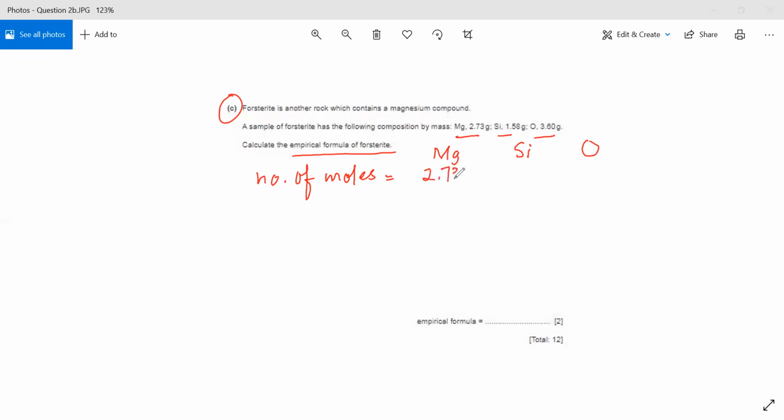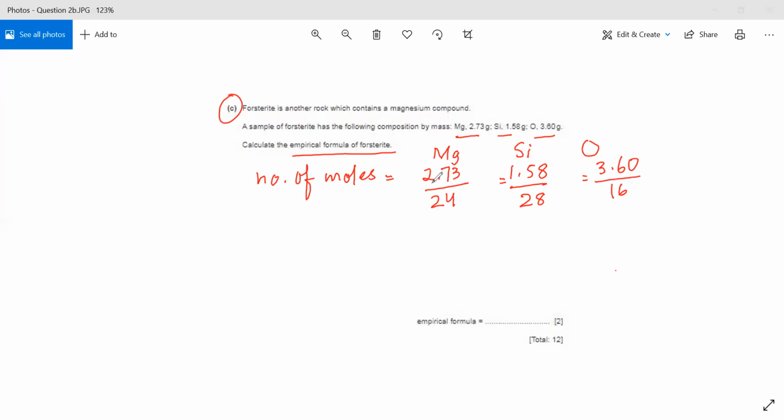They have given me 2.73, which should be divided by its atomic mass, 24. Then silicon, they have given me 1.58, which should be divided by 28. And then oxygen, which is 3.60 divided by 16, which is also its atomic mass.